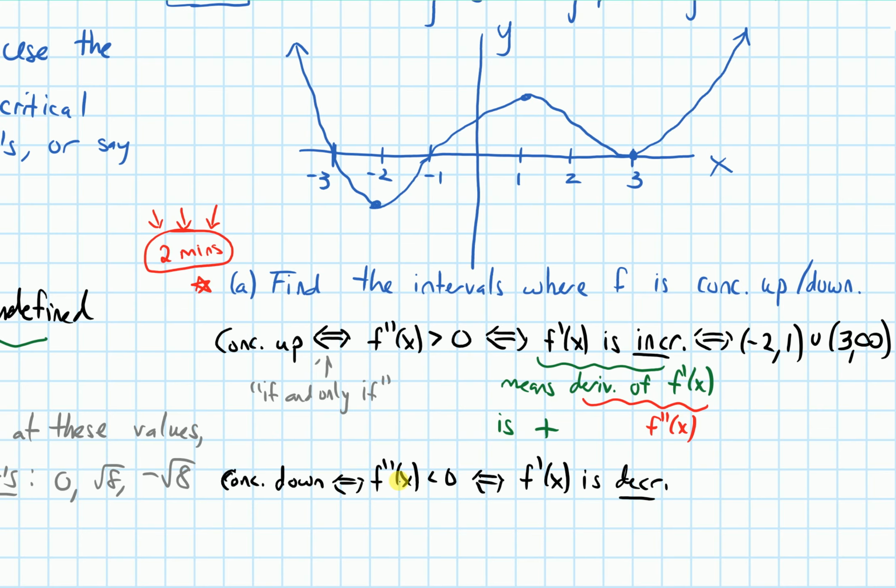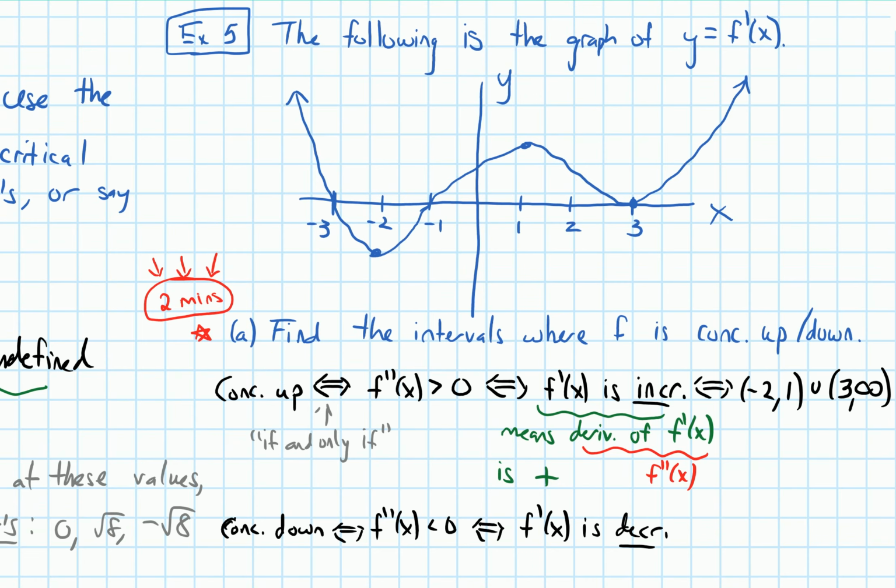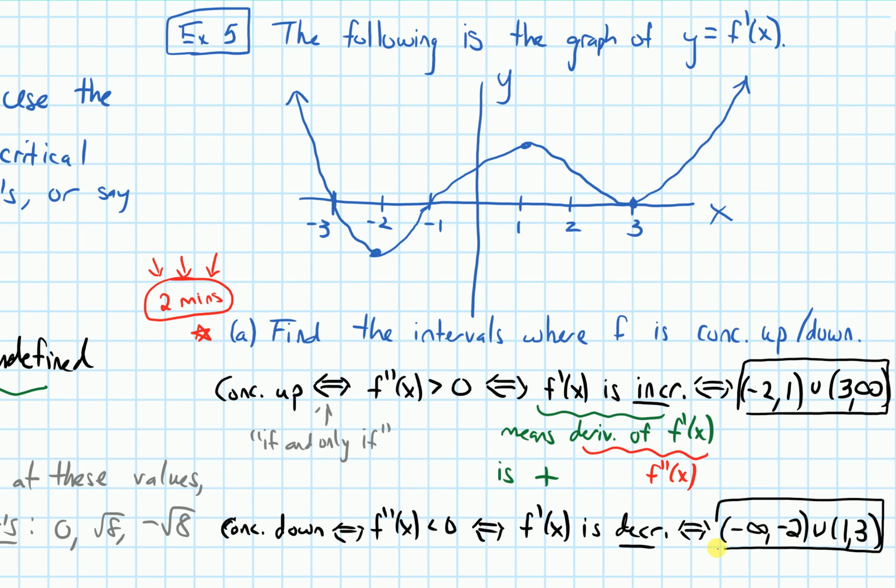And that's what the previous statement says. So I have to look at my derivative graph and ask, when is this thing decreasing? Well, it's decreasing on the interval from -infinity to -2, and it's also decreasing from 1 to 3. And that's my answer. So this is the interval where it's concave up, and that is the interval where it's concave down.